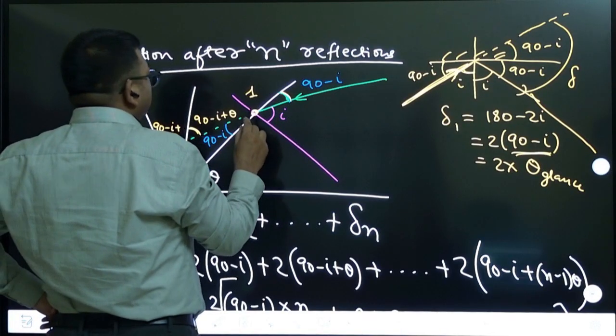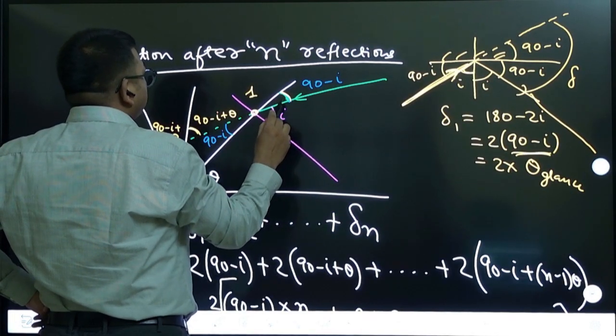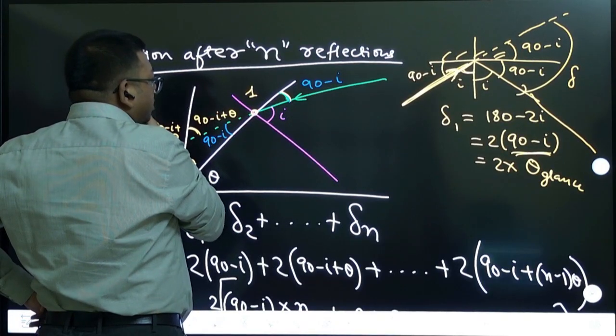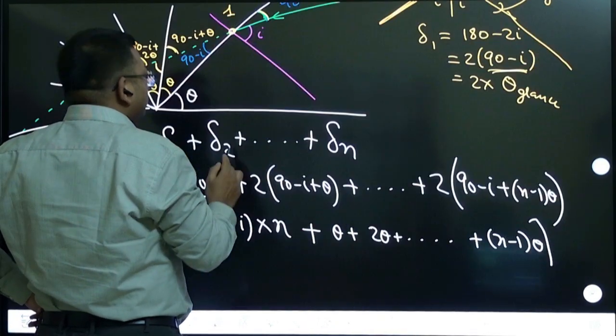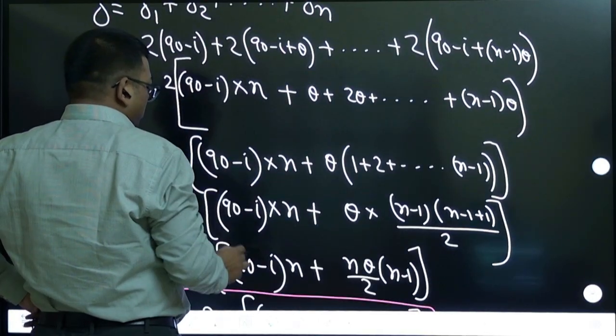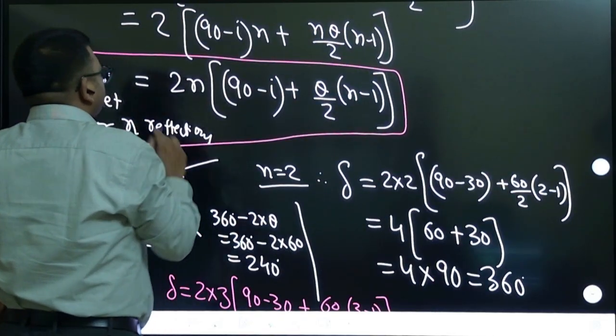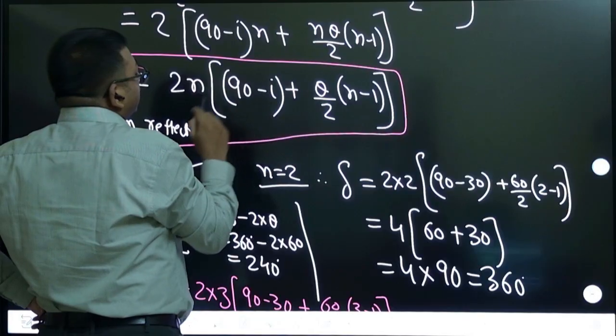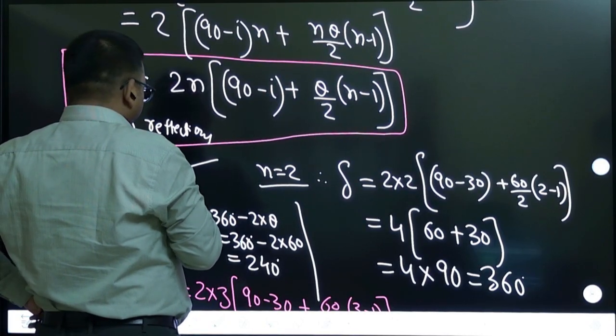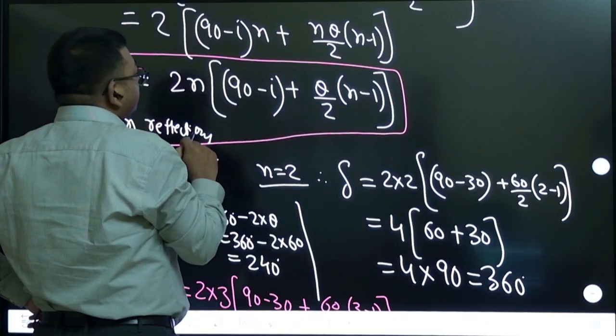Because the glance angle is what is happening at this place, right? Suppose you take one reflection and check, what is it? For one reflection also you check this one. If I put n as 1, 2 into 90 minus 30, that becomes 60.